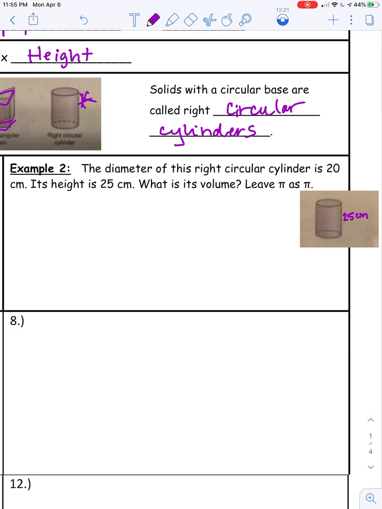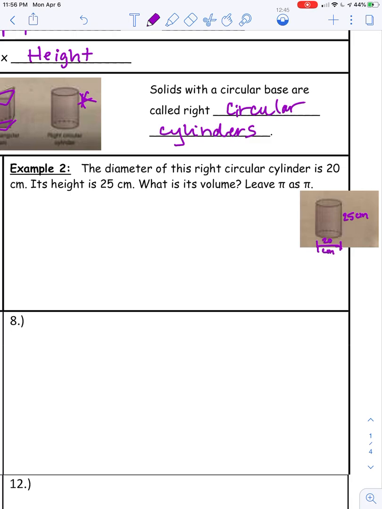And then we're told that the diameter of the right circular cylinder is 20 centimeters. So what are they talking about here? Well, it's the base. And the base is the bottom here. The diameter's measurement is given to us as 20 centimeters.